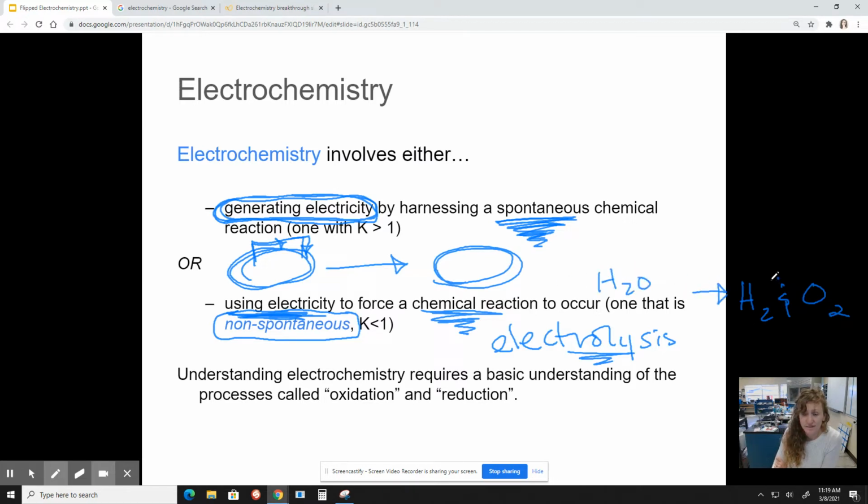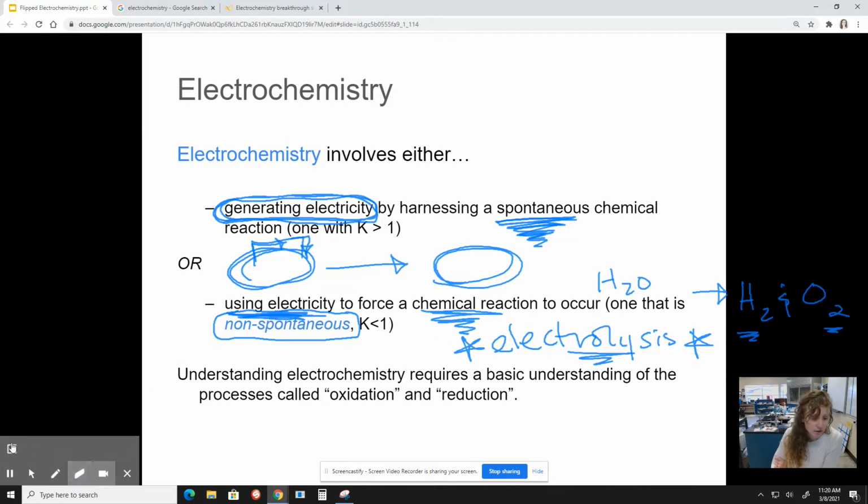Water doesn't split all by itself into gaseous hydrogen and oxygen, but we can use electrolysis in order to force this reaction to happen. So usually when we're talking about electrochemistry, we're talking about one of those two scenarios. We're either generating electricity through a spontaneous reaction, or we're using electricity to force a non-spontaneous reaction to go forward.